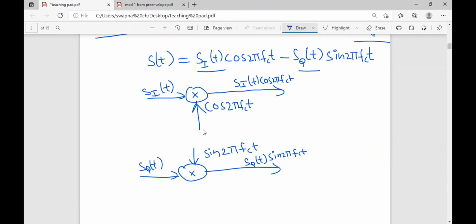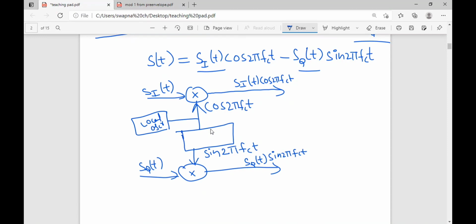Here I need to get sin 2 pi fct. How will you get this signal from the local oscillator? The local oscillator will generate cos 2 pi fct. Now I need to get sin 2 pi fct. So which phase shifter do I need to use?